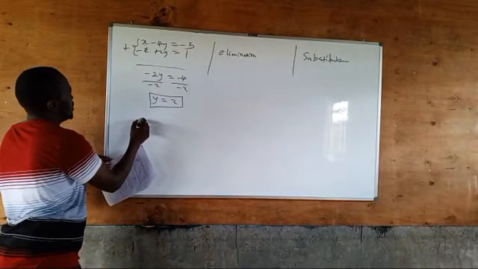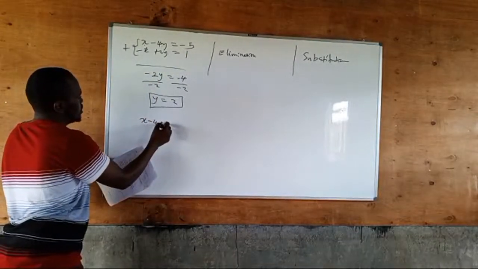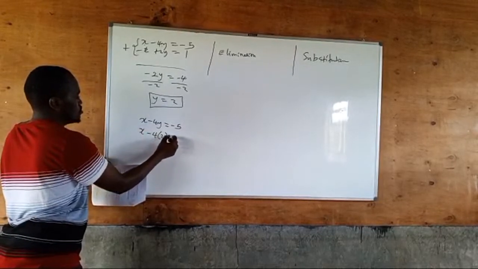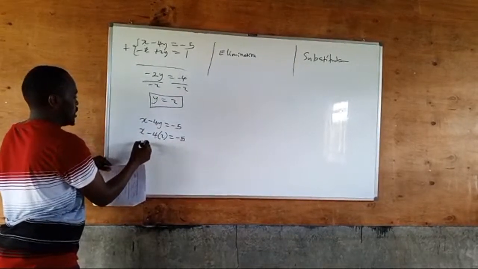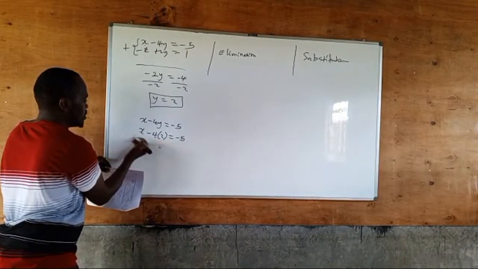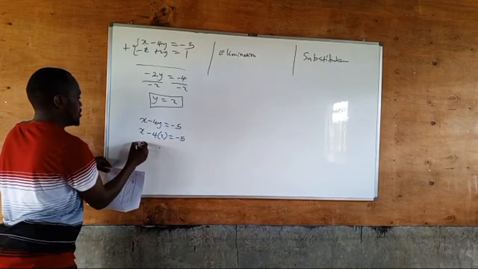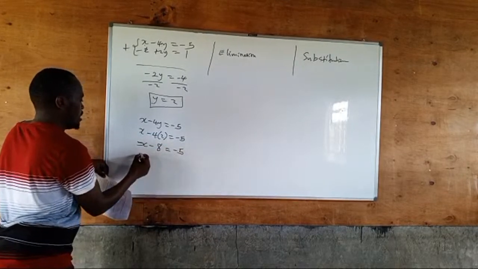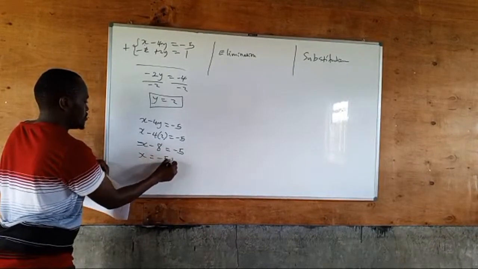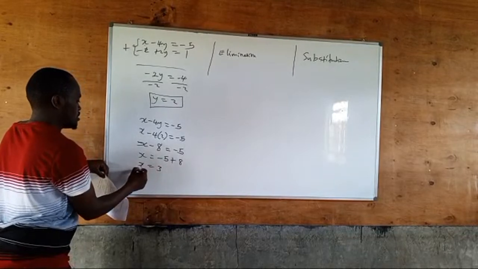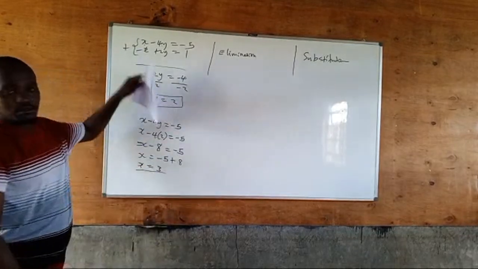Unachukua kwa hii x minus 4y equals negative 5. X minus 4 times 2 equals negative 5. X minus 8 equals negative 5. X equals negative 5 plus 8 equals to 3. So, hiyo ni elimination.